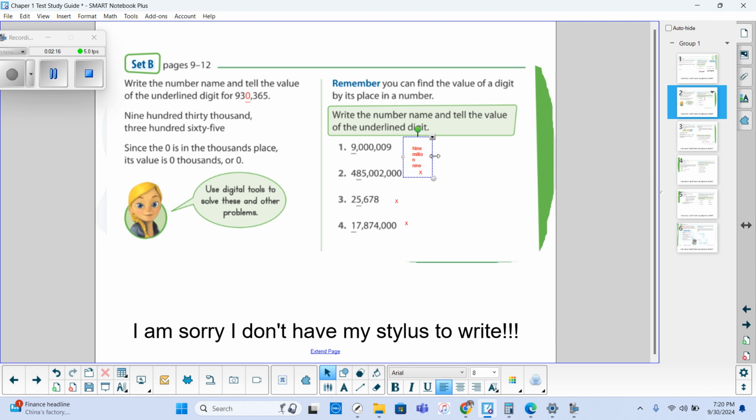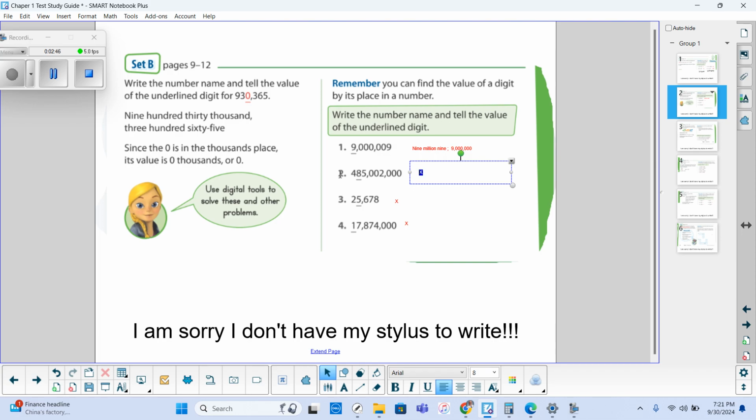Okay, because there's a 9 in the millions place and a 9 in the ones place with nothing in between. Now the value of the digit in that first spot is 9,000,000. So 9, 1, 2, 3, 1, 2, 3. The value is 9,000,000.